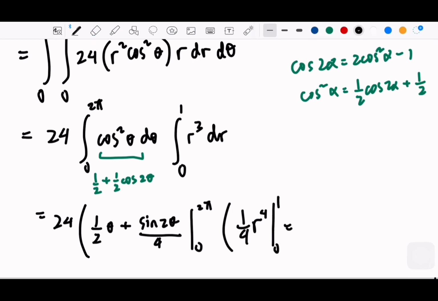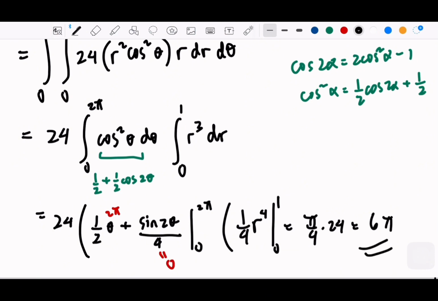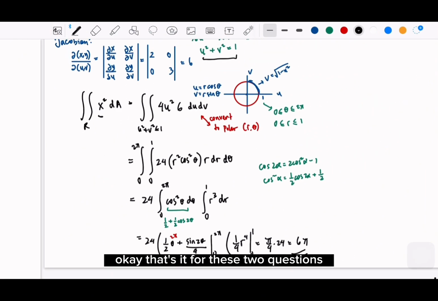Okay, this will be 0, right? From 2 pi, and then 0 is still 0, so this will be 2 pi over 2, so this will be pi. So this will be pi over 4 multiplied with 24, or 6 pi. Okay, that's it for these two questions.